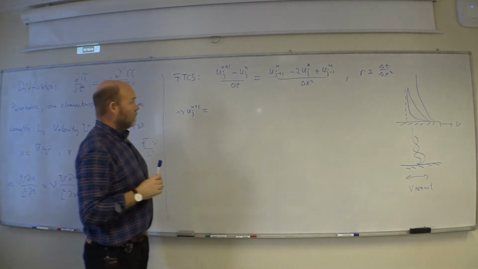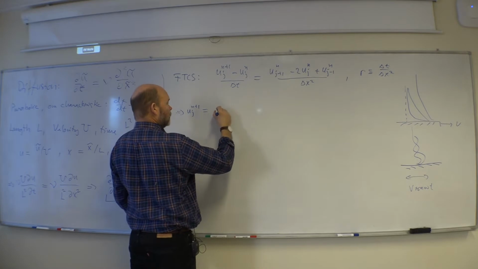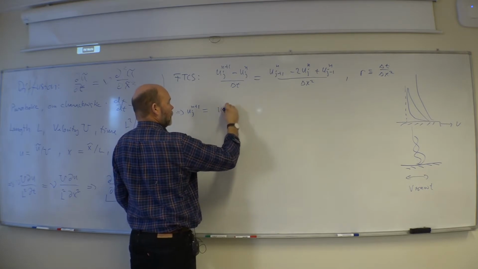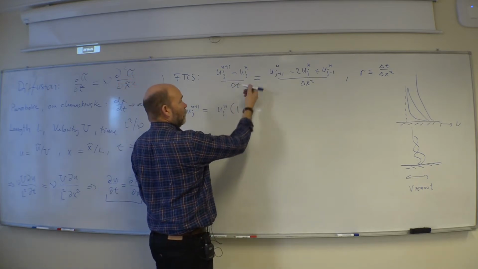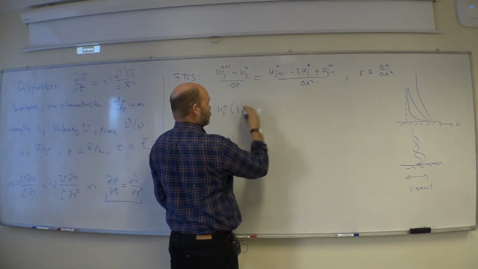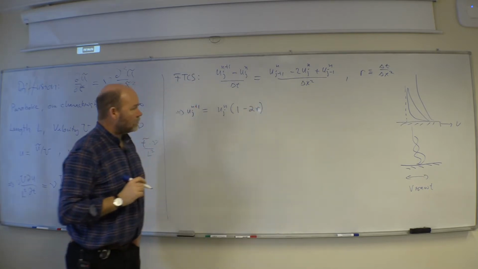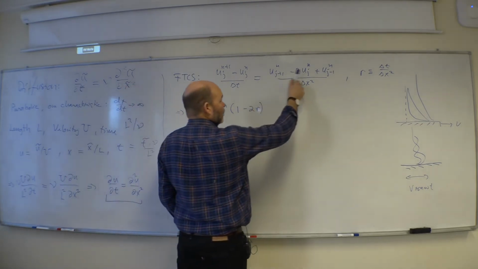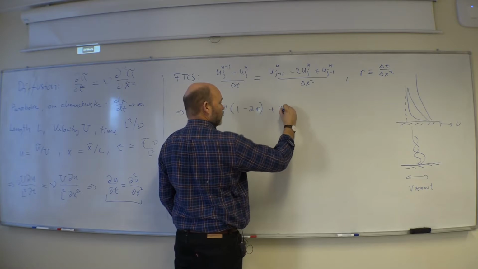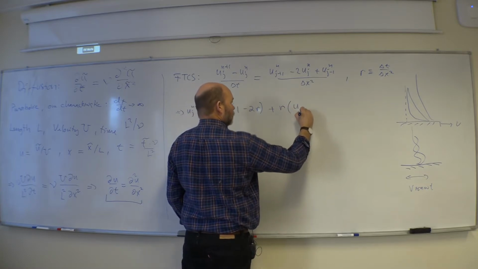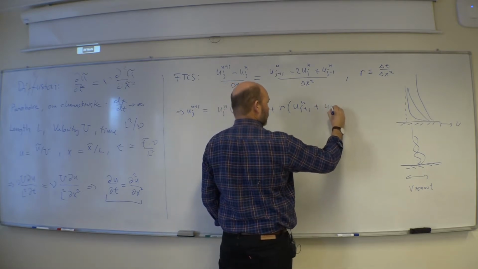So how can we rewrite the equation now? The new one equals the old one, u j n. He will have the 1 from him, then minus 2r from this one. While these two, j plus minus 1, will be multiplied with just the r. u j plus 1 plus u j minus 1.